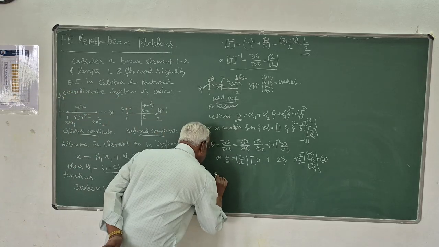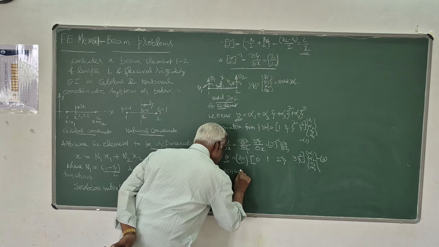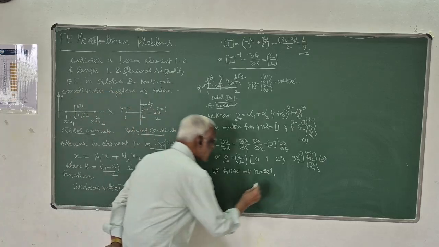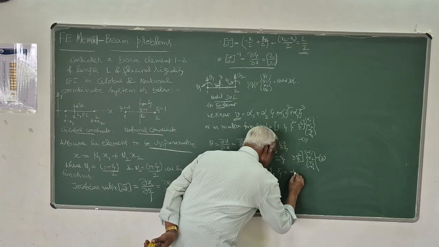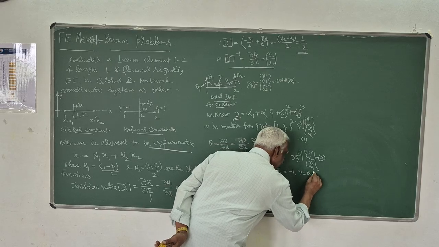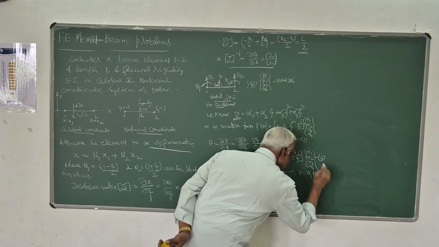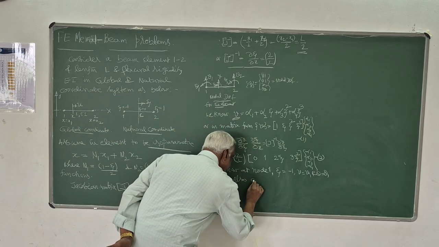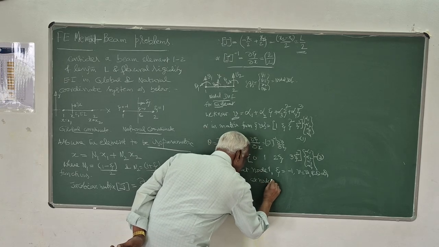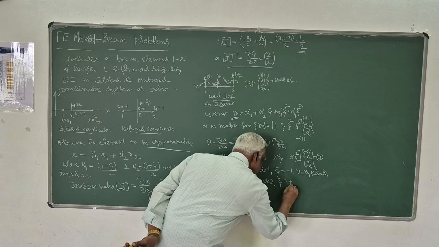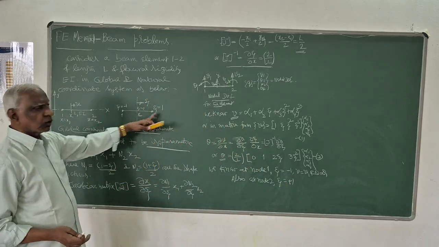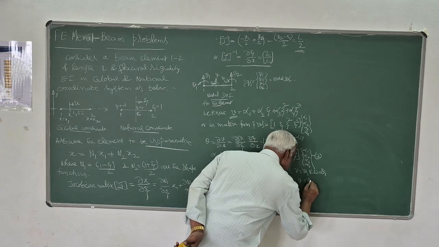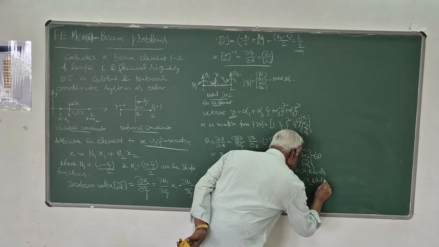So now we know at node 1, xi is equal to -1, v is equal to v1, and theta is equal to theta 1. Also, at node 2, xi is equal to +1, that already you know, here xi is equal to +1 I have represented, and v is equal to v2, and theta is equal to theta 2.